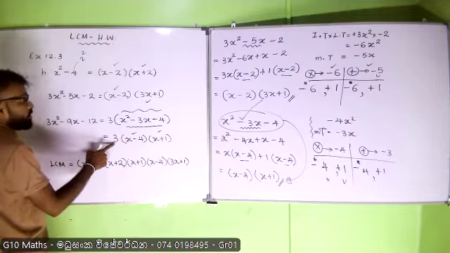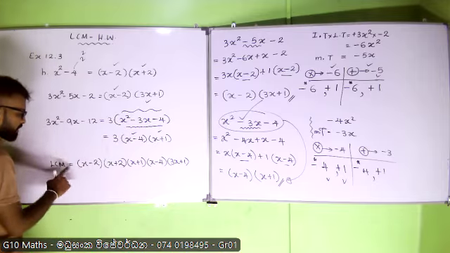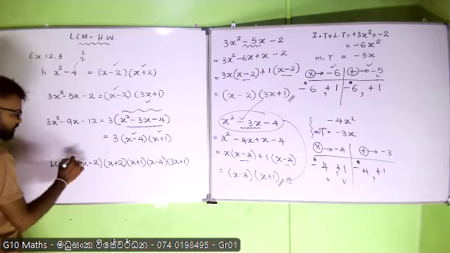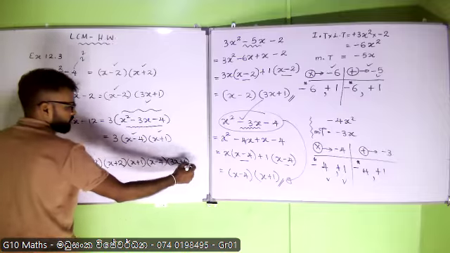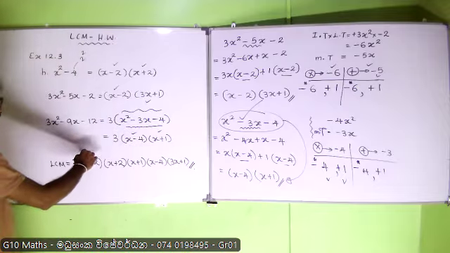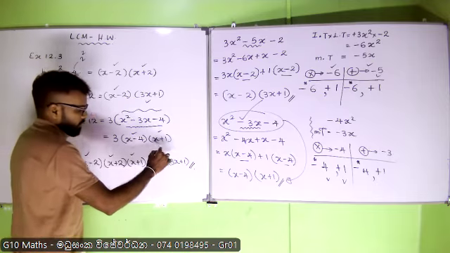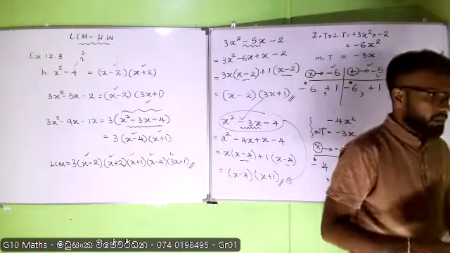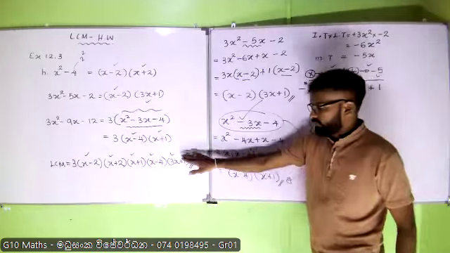Also, don't forget this number. Write it in front of this. So this is your LCM. All are different factors; none of them is repeating.